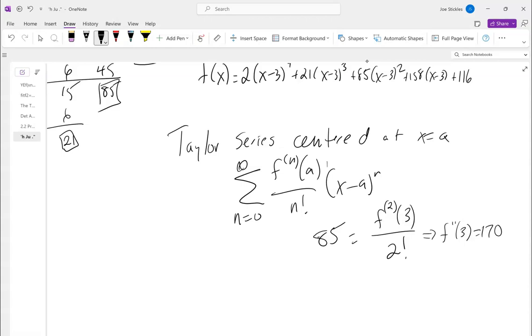Okay. What does the 21 represent? The third derivative at 3 divided by 6. Yeah, the 3 factorial, right? So the third derivative at 3 has to be, what, 126?